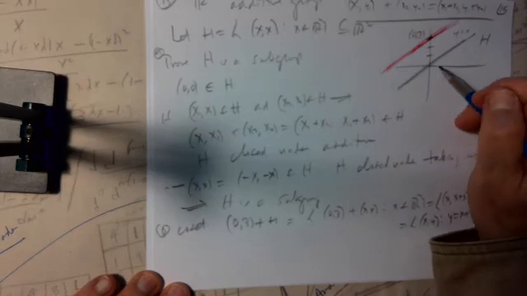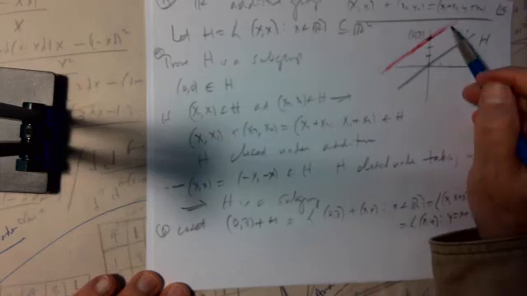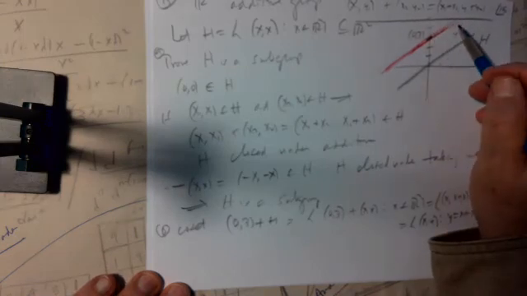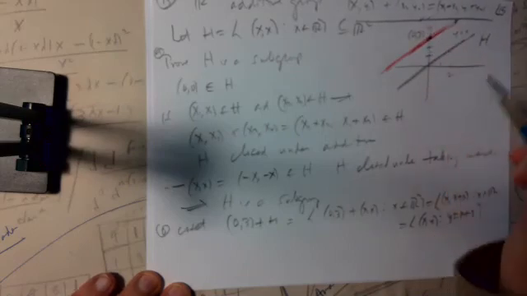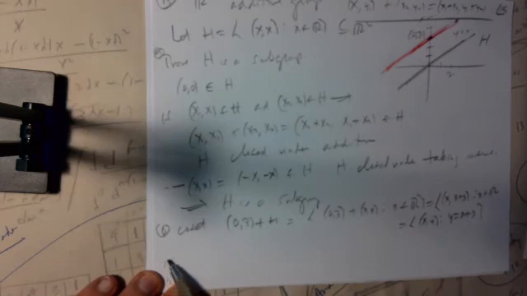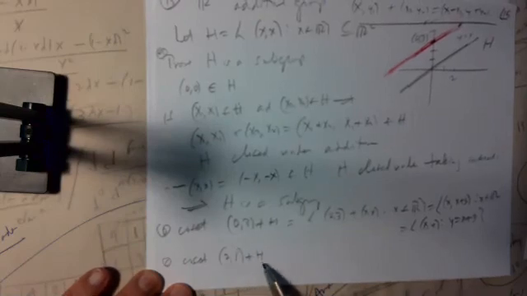What about the point 2, 5? What is the coset 2 comma 5 plus H? I just add x, x to all of these vectors.